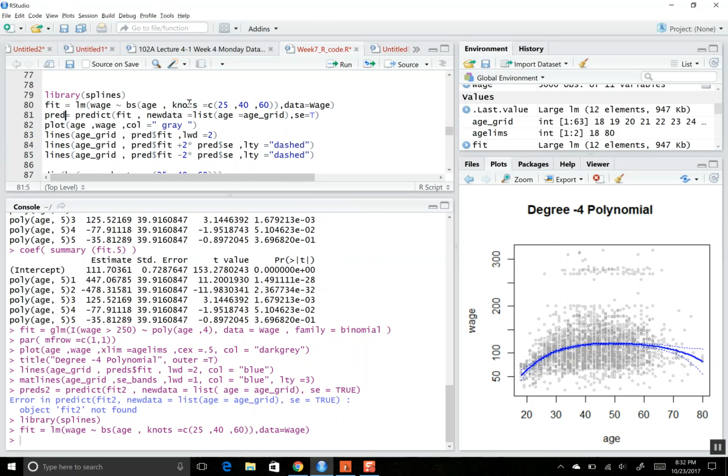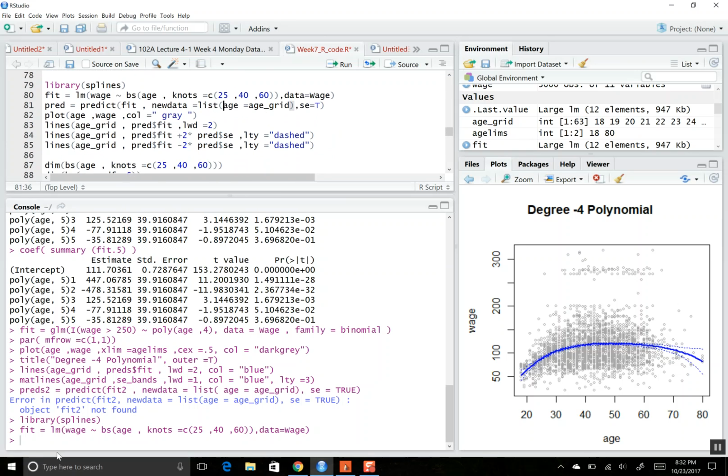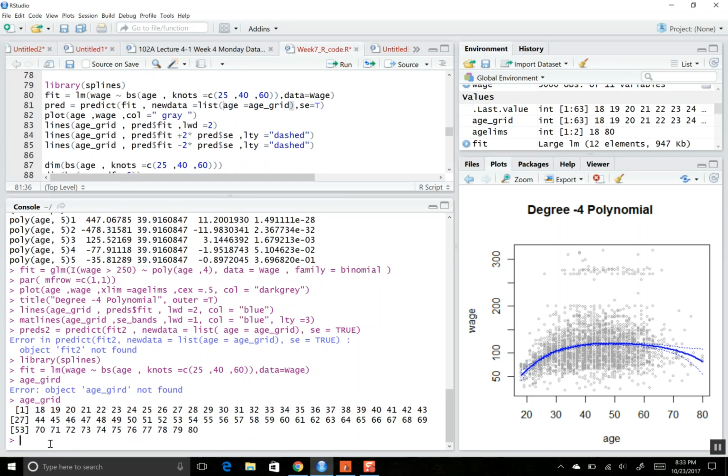And so now for our predictions, we use the prediction function again, and we'll say predict using the model fit, using our new data. New data again is just the grid, the age grid, being all of the values that we calculated from 18 to 80.